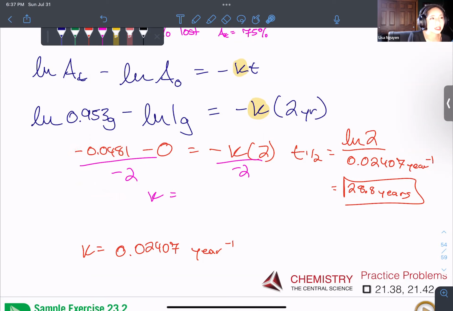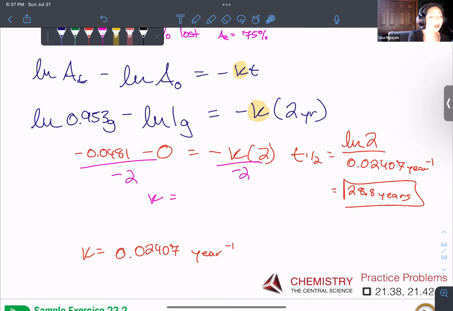Oh, why is it year to the -1? Because the first idea here is that we know this is a first order reaction. And so if you recall the units, you can figure out what the units of K tell you about the order of the reaction, depending on where concentration is within the unit and where time is.